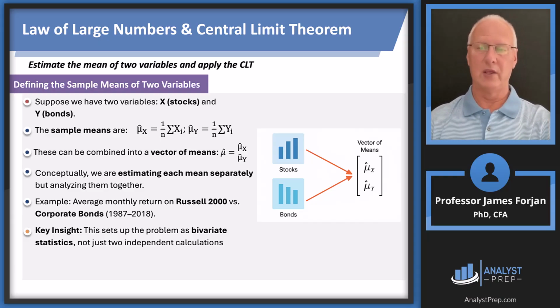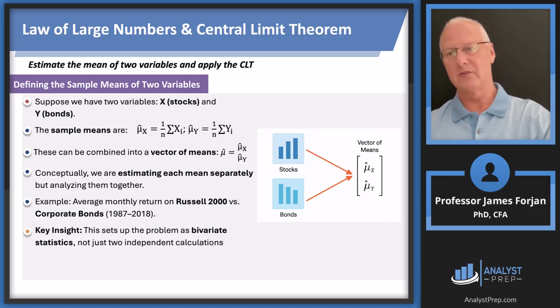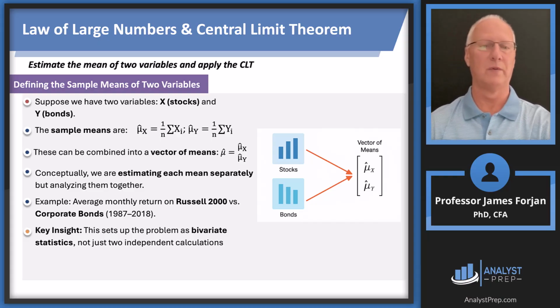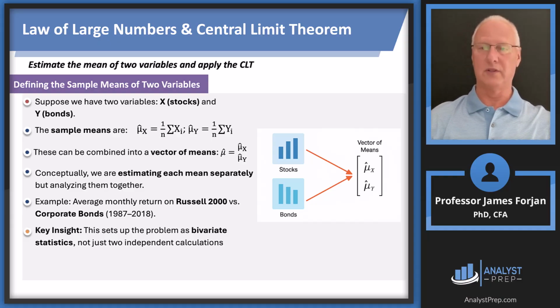What we can do then is take the mean of the stocks and the mean of the bonds and throw them into a matrix. If we just have 1 by 2, we call that a vector, with the mean of stock returns and the mean of bond returns. This is called a bivariate statistic.